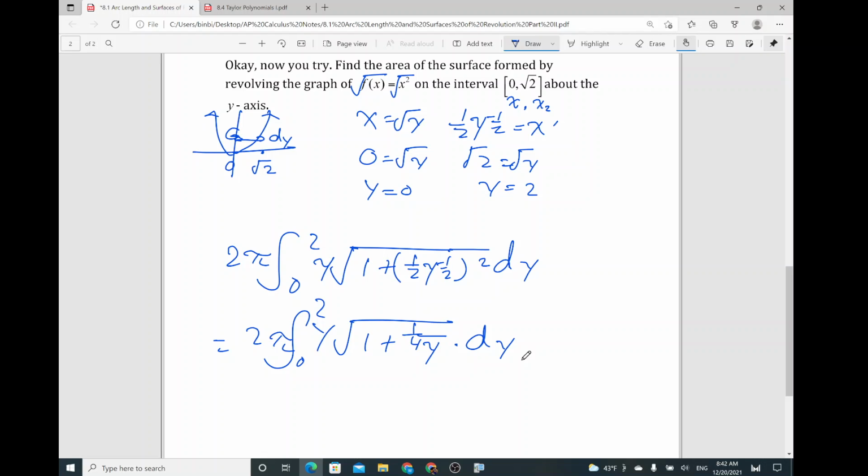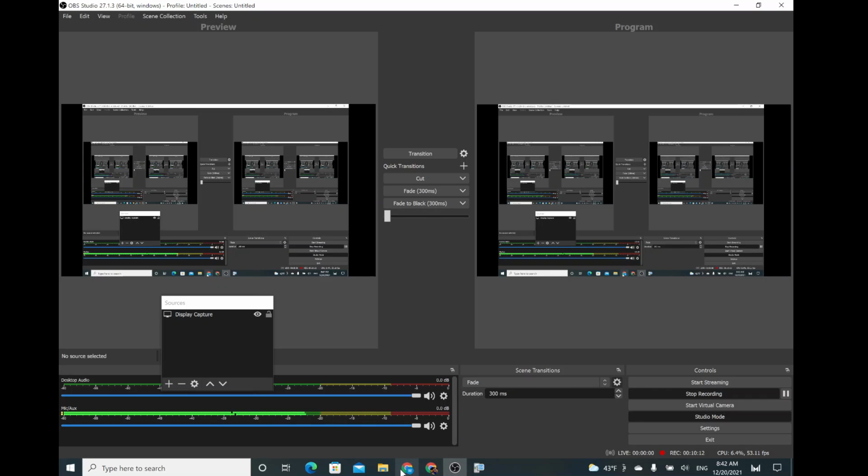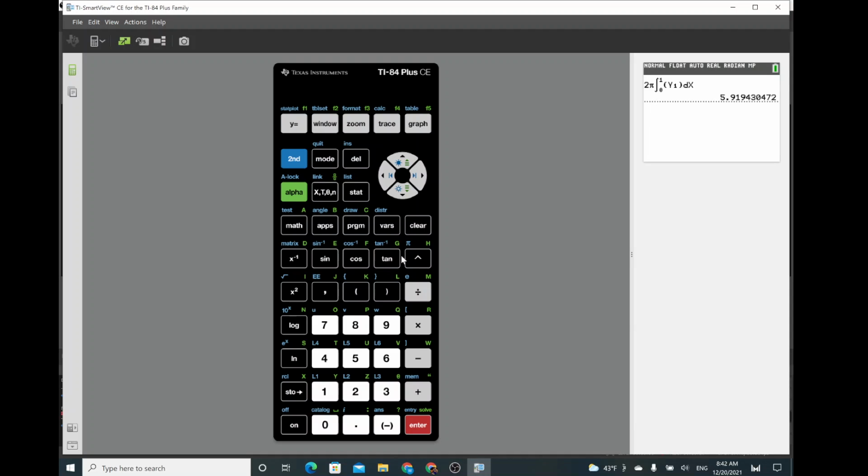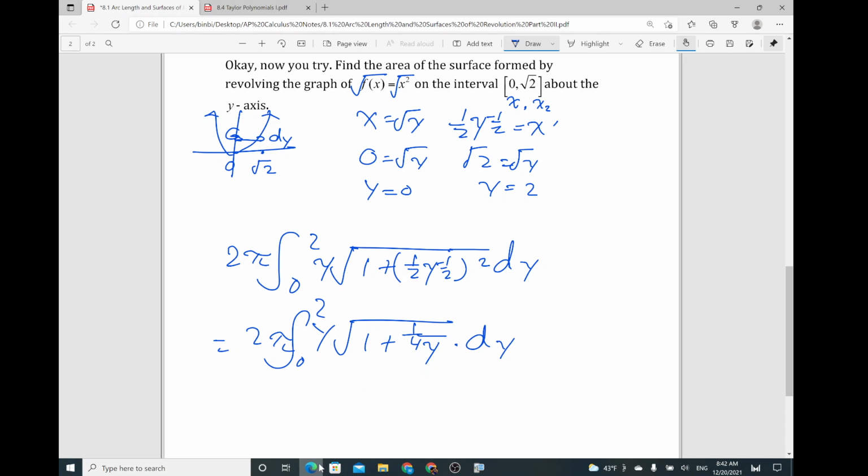So now let's put it into the calculator. Back to the calculator mode right here. So we got 2 pi integral. So once again, math 9, and this one's being bounded from 0 to 2.